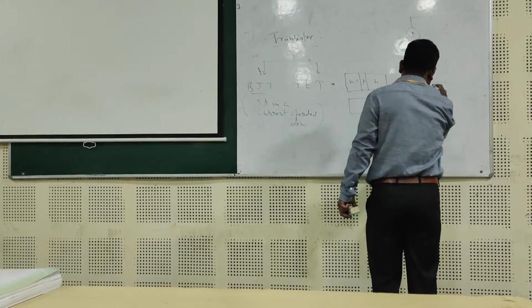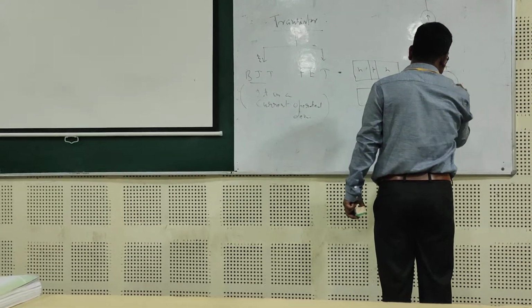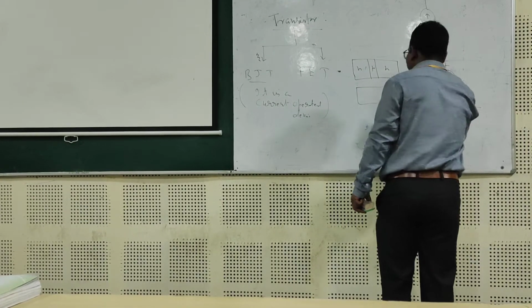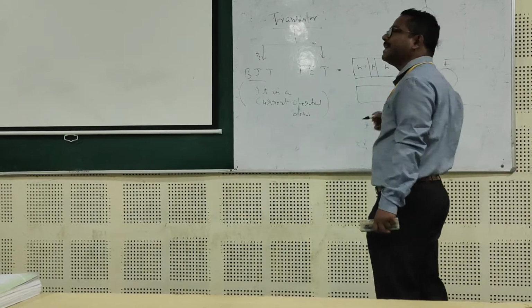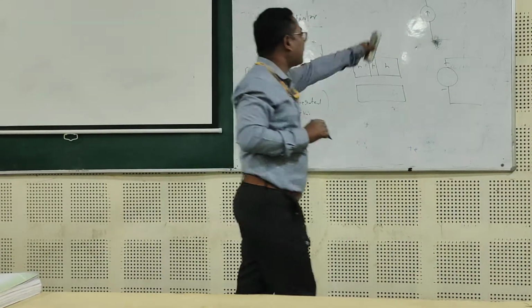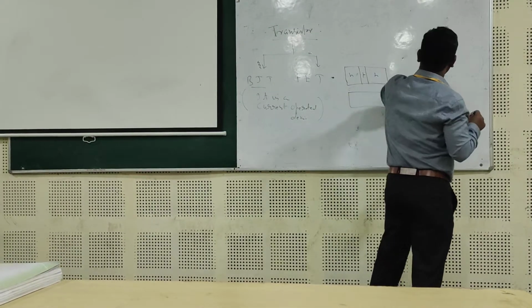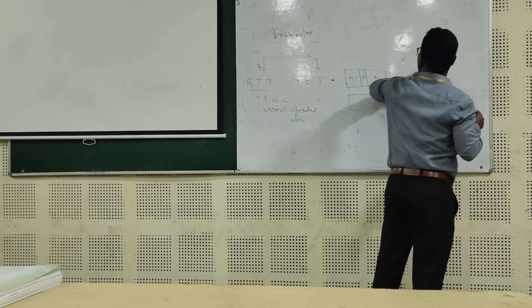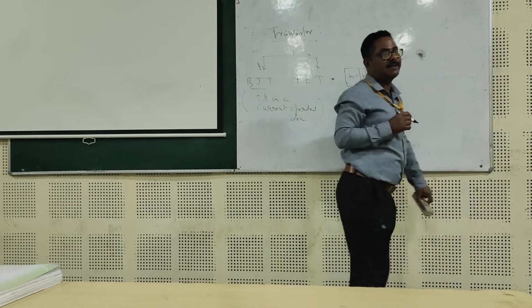And for a voltage source, we denote plus and minus, with two polarities, positive and negative. This is the voltage source and this is the current source. I think you have already studied this in the basics of electrical in first year.